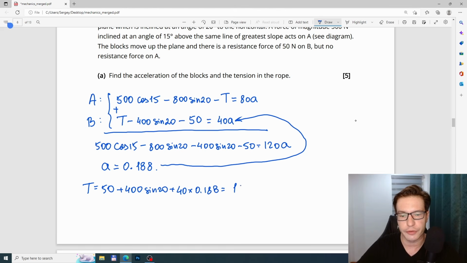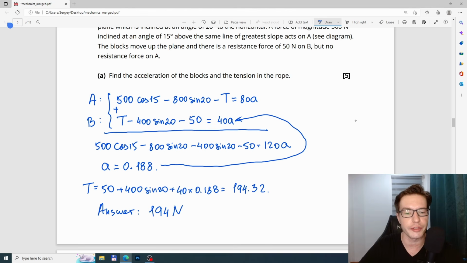That equals 194.32. Let's round it to 3 significant figures, so 194 newtons, and acceleration equals 0.188 meters per second squared.